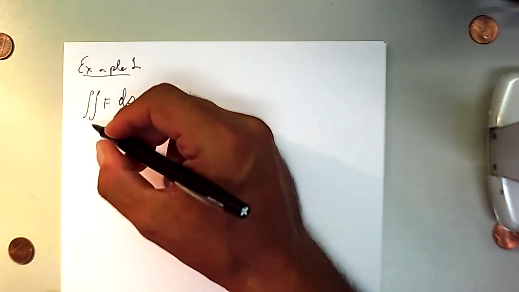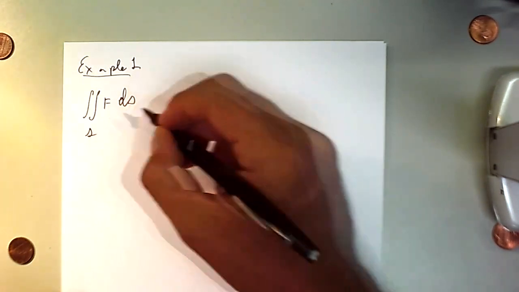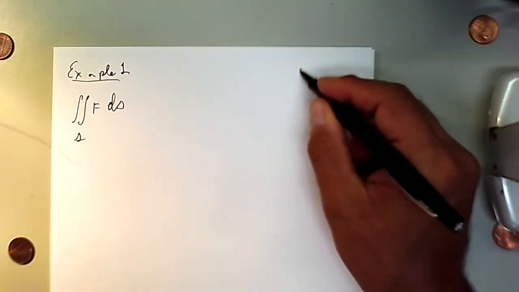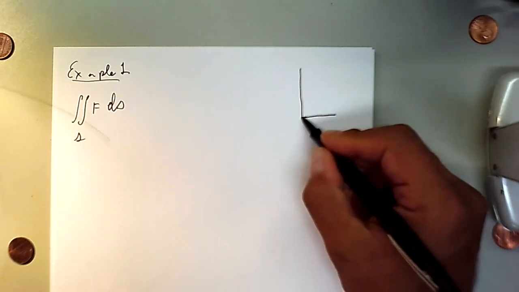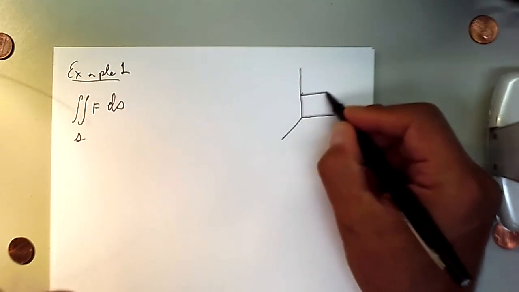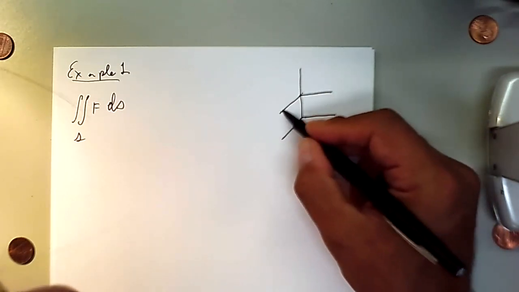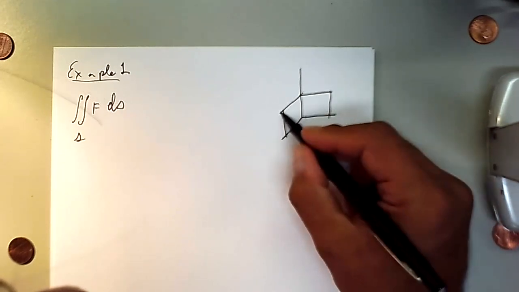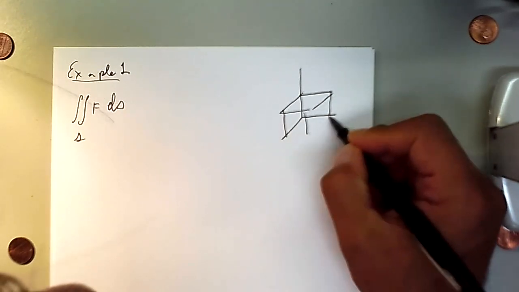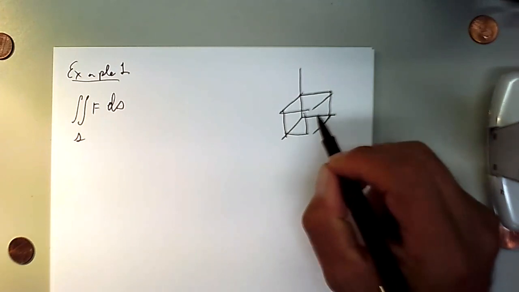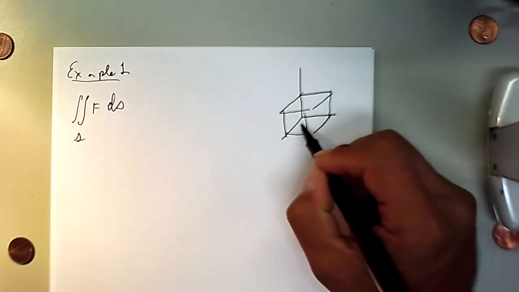And the surface is going to be what I call the unit cube. So it's a cube that is 1 unit on each side. Yep, like so. Starting, one of the vertices is going to be at the origin.